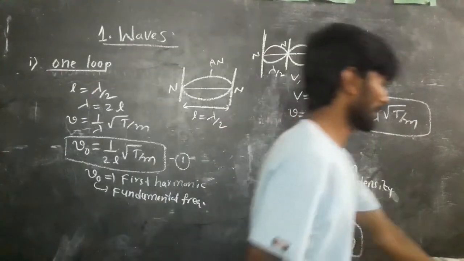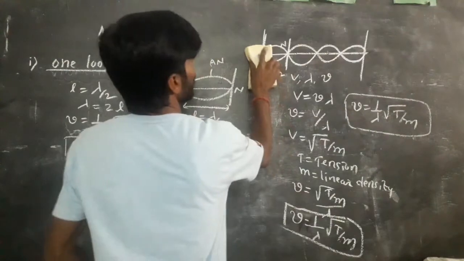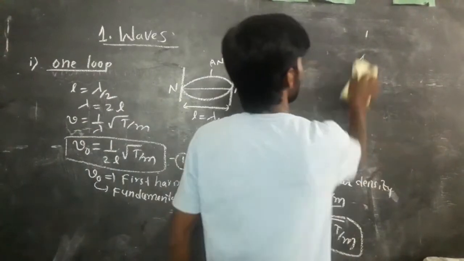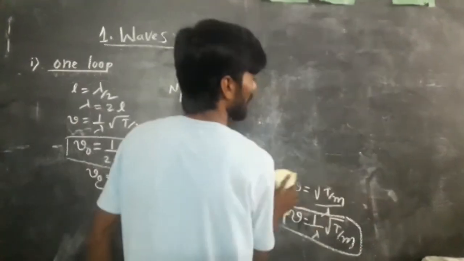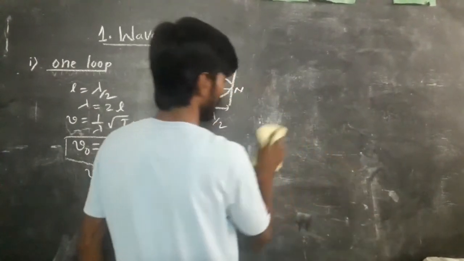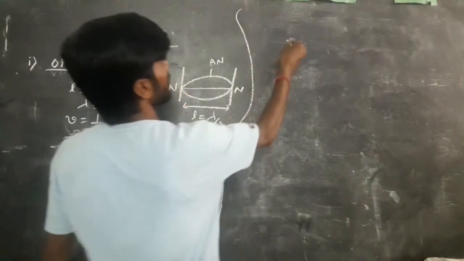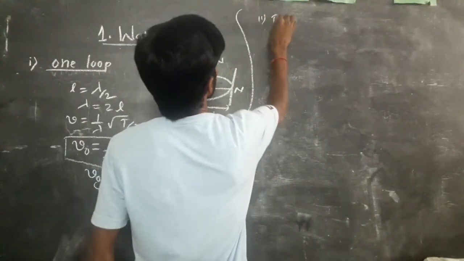One loop is completed, and next, two loops. When a stretched string forms stationary waves with two loops, what is the frequency equation? So now I am taking two loops in a stretched string.